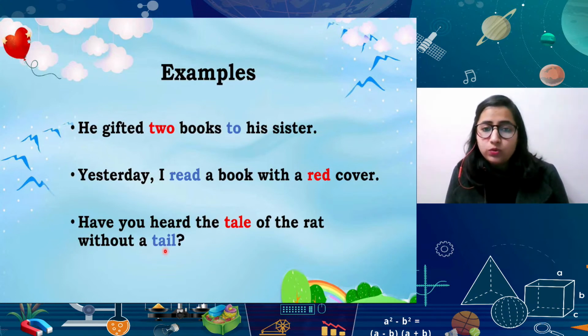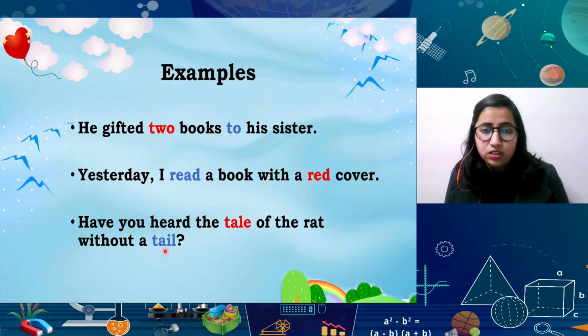The story is about a rat which does not have a tail, which is quite interesting because the rats that you and I have seen around us, those rats, they have tails, but this is a special rat with no tail. And tail, you all know, is present in many animals. It's at their rear end. So you all know what tails are.